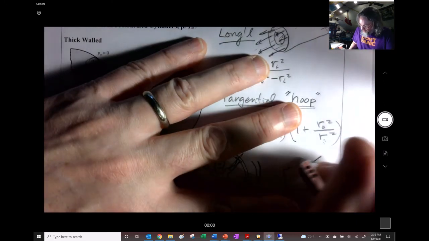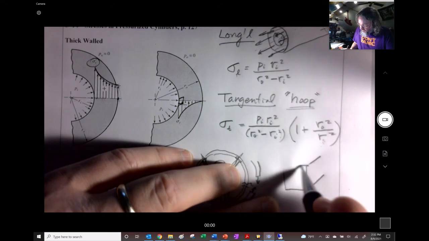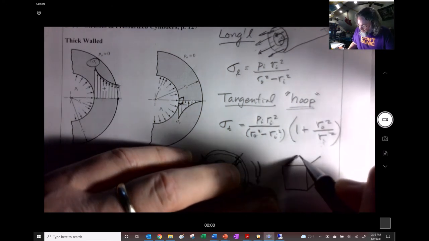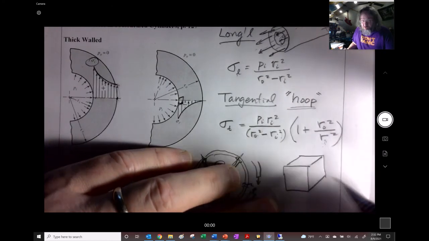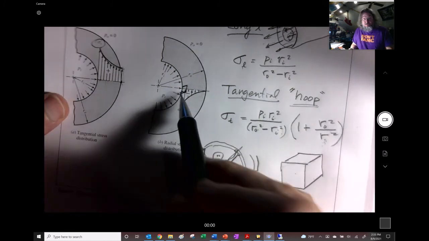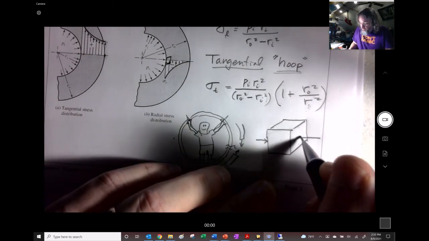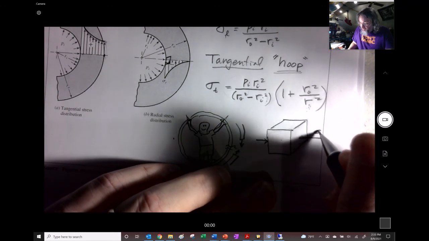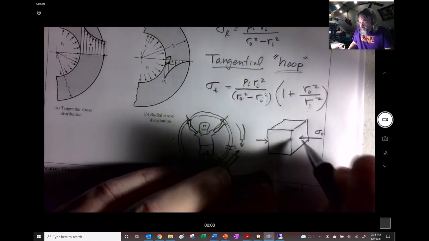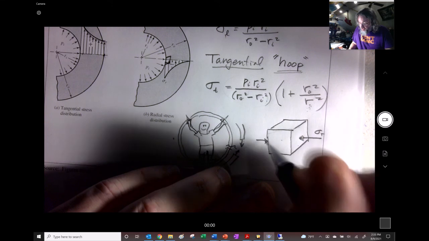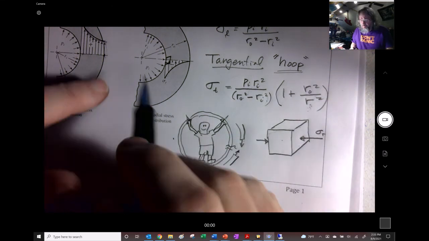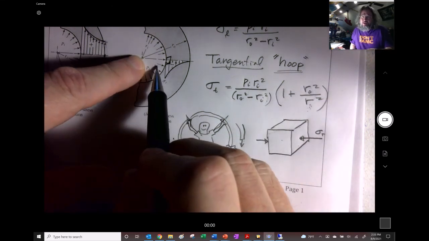Let me make that a little bit more like a square. All right, so I'll make sure I draw this nice cube right here. So this cube aligned with this right here, this would be R, and it would be compression. It's always compression, unless it was like maybe under a vacuum. Maybe if inside here was a vacuum.